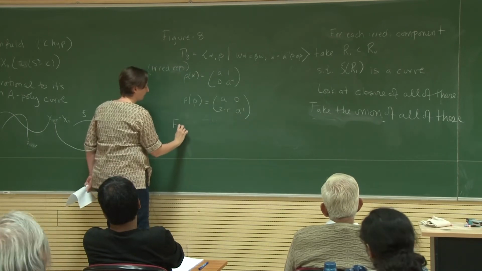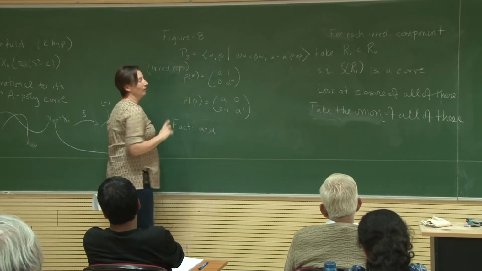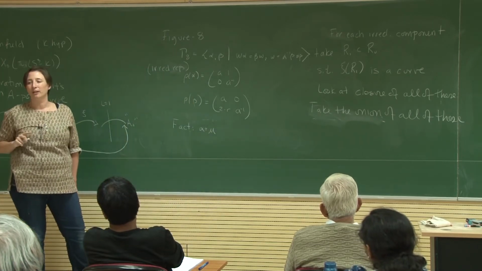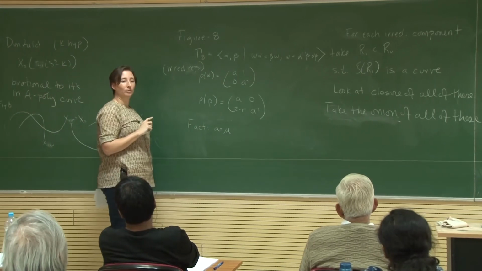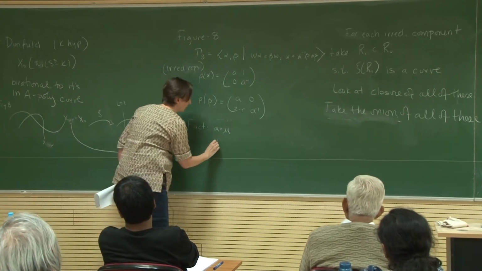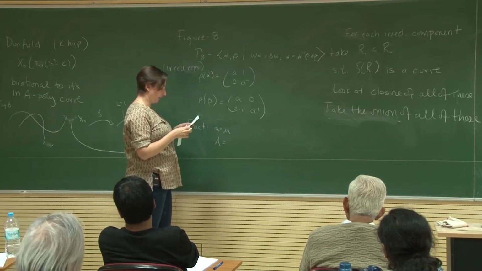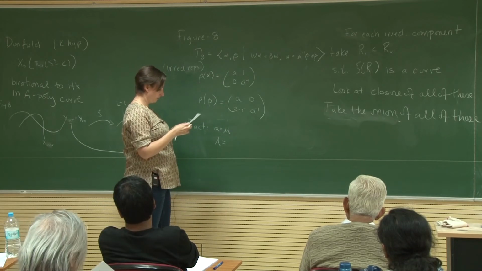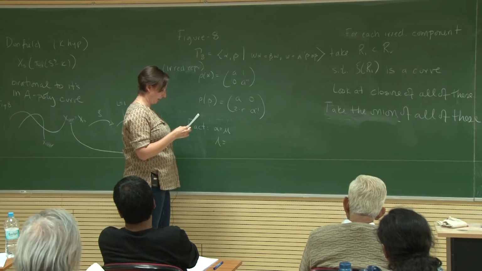And friendly fact, in this notation, both alpha and beta are meridians. So alpha is a standard meridian. And the longitude using this presentation is... I didn't write it down.